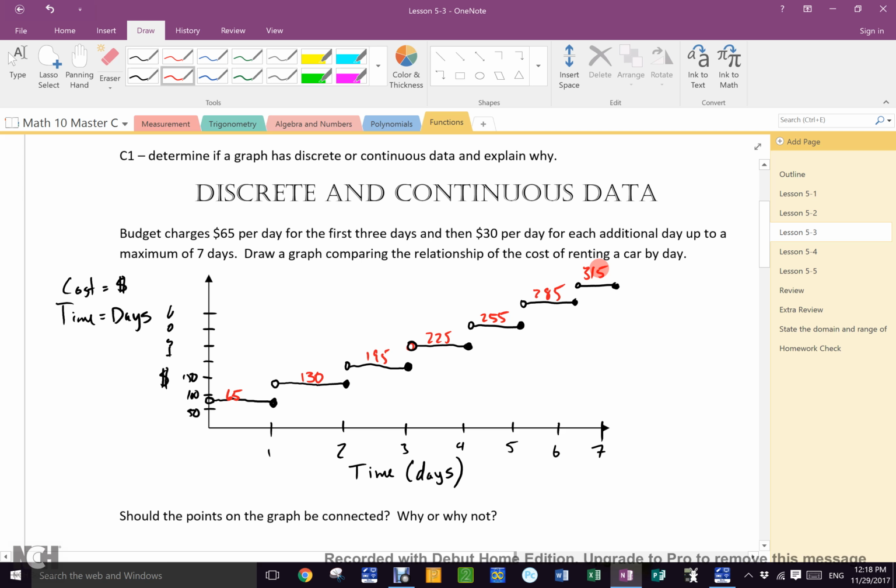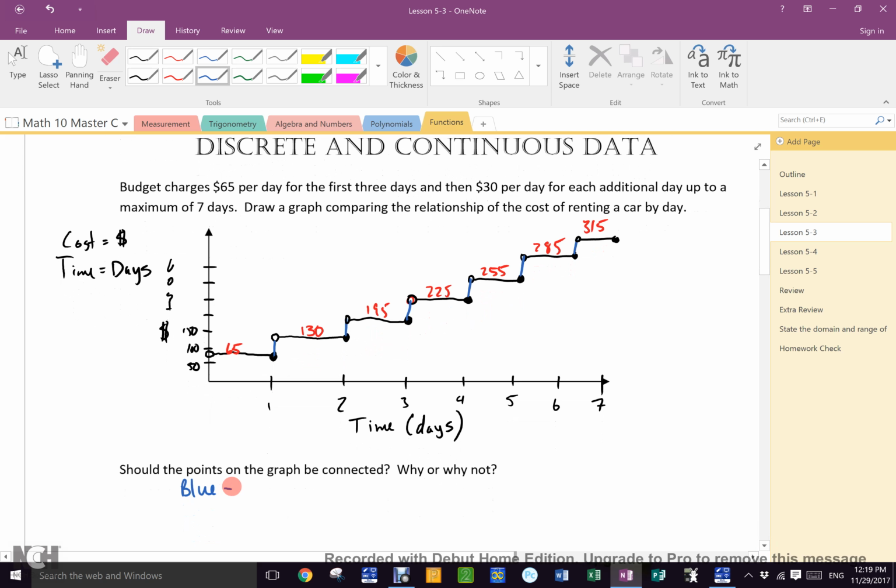Now, the next question right there: should the points be connected? Let's stop a moment, because we could connect these in 2 ways, couldn't we? One way, and I'm going to write a blue line for one way we would connect here, we could do this vertical line here. Does that make sense to connect those points? Why not? That top one doesn't exist, does it?